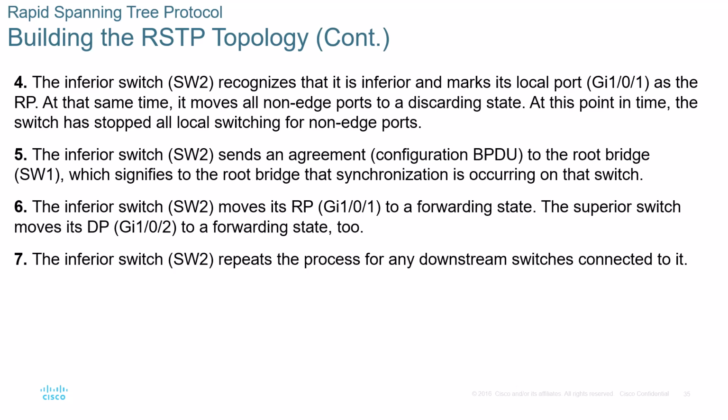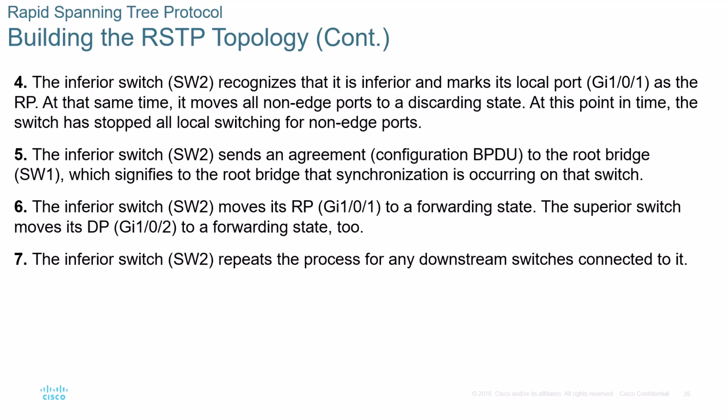At this point in time, the switch has stopped all local switching for non-edge port devices. Again, this is temporary, just for a few seconds. The edge devices will still be able to do local communication, but it is negotiating with the other non-edge ports so that it can figure out who's going to be what port state and move forward.